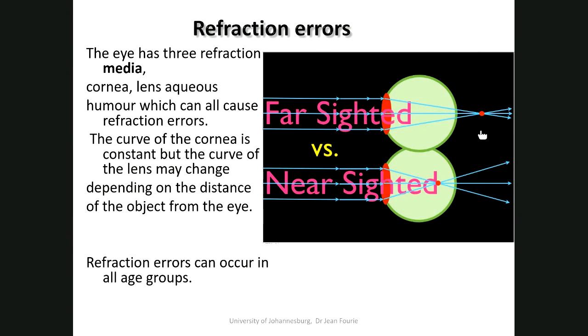That is causing the little muscles that are moving the lenses to get tired, and then it causes difficulty with the light focusing on the back of the retina. So refraction errors can occur in all ages, young children, and people as they age. As you age, you have far more difficulty getting the light to focus clearly on the retina, and so we go to the optometrist and get glasses.